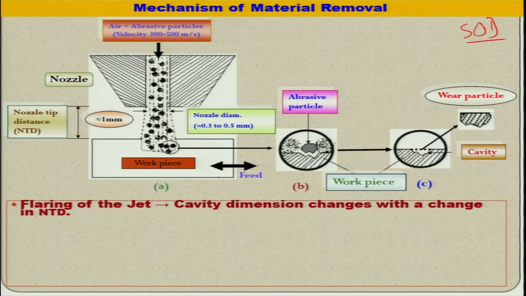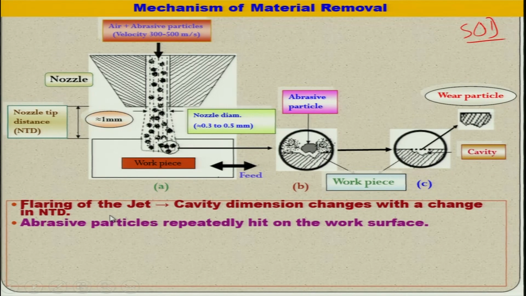Now, this tells you the mechanism of material removal, and this jet consists of air or any other gas plus abrasive particles. An important thing to note here is that the velocity of this jet is around 300 to 500 meter per second, depending upon the requirement of the process, which depends upon the workpiece material properties and abrasive particle properties.